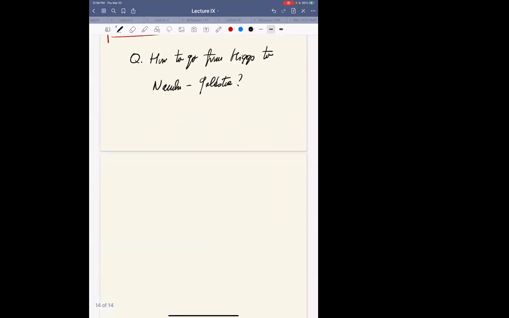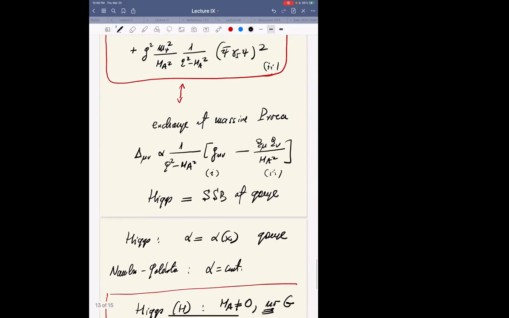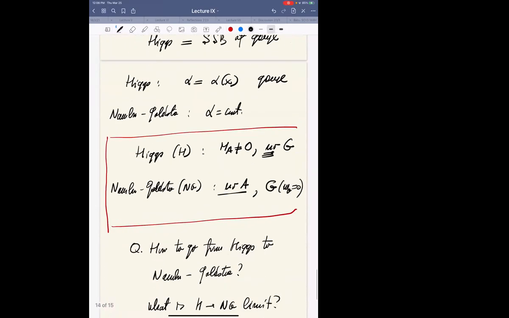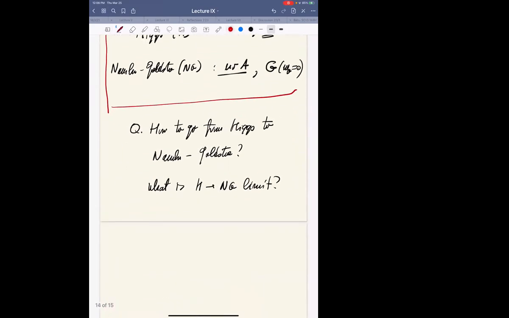What is this limit? Alternative question, right? What is the Higgs going to Nambu-Goldstone limit? What should I take in my calculation to get to this limit? So maybe even more important, this question. What is this limit?